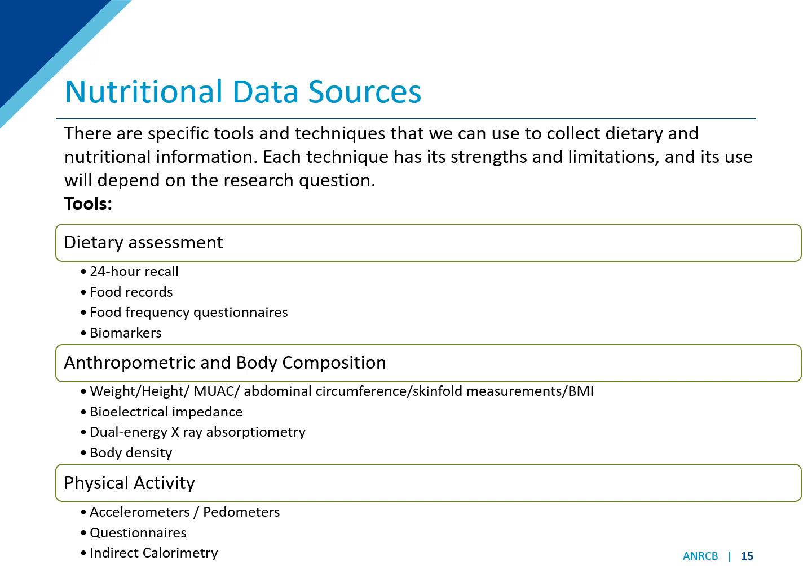Some of these tools include dietary assessment, like 24-hour recall or food frequency questionnaires, and anthropometric and body composition tools, classic measures such as weight and height and abdominal circumference, up through newer, more expensive measures like X-ray, body density. Physical activity can be measured with accelerometers, pedometers, questionnaires, or calorimetry.